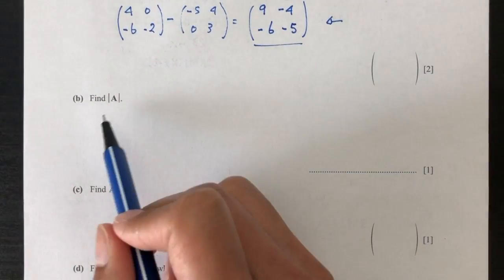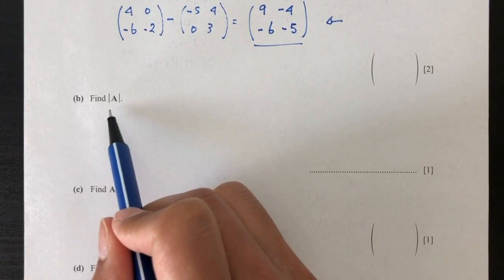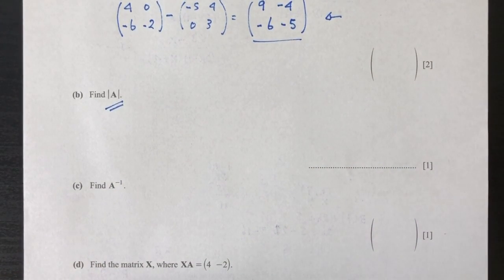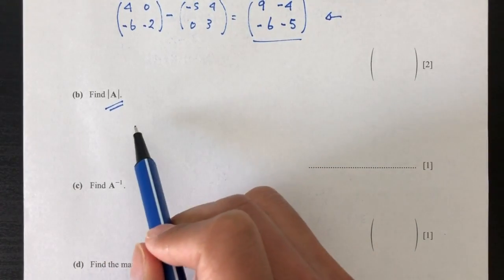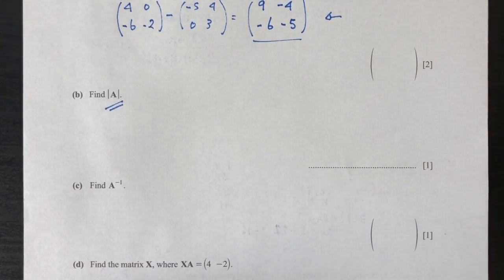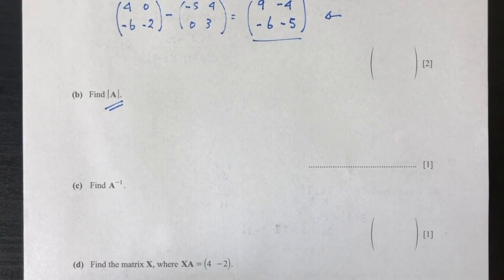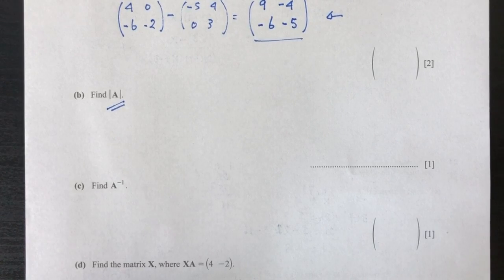Now for part B, find the magnitude of the matrix A. So how do you find this? This one is just the formula here. Sorry, my pen just fell down.